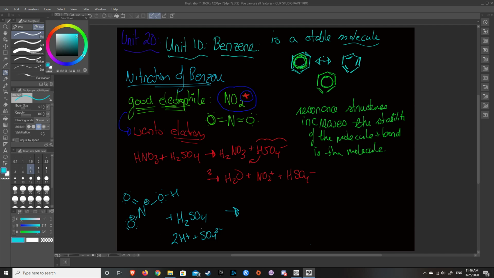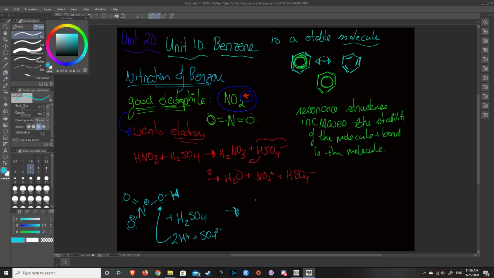So the next step is that this H comes in and attacks this group right here. It'll attack the hydrogen donating group. It'll attack the Bronsted acid in this case.